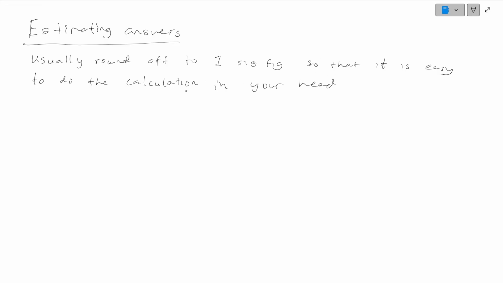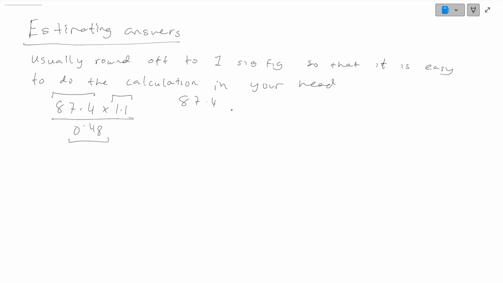For example, if you're given a question like 87.4 times 1.1 divided by 0.48. This looks very hard at first sight to do on your own, and you probably need a calculator to get the exact answer. But we can get an answer that is close enough to it. How? By rounding off each number to 1 significant figure.